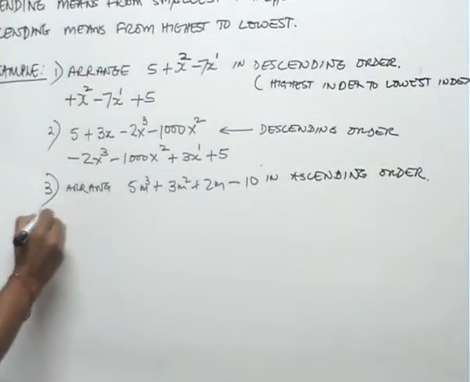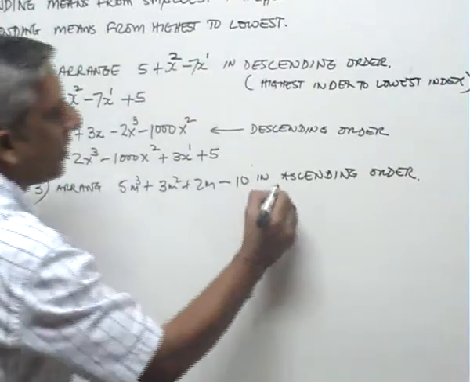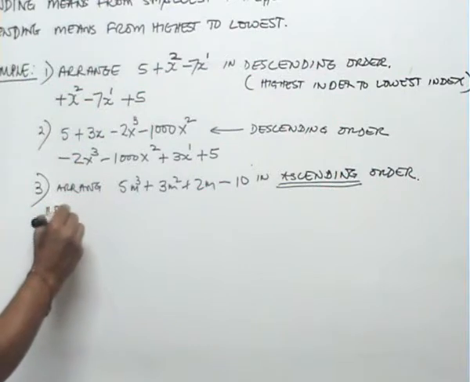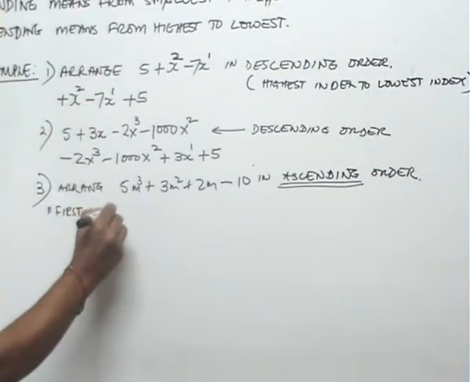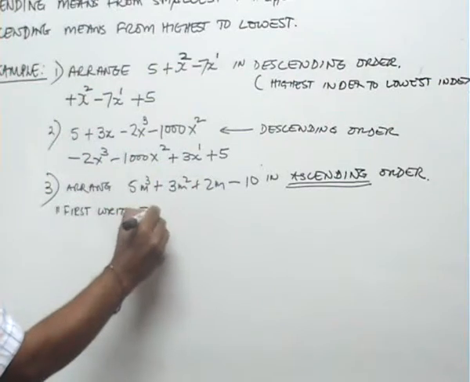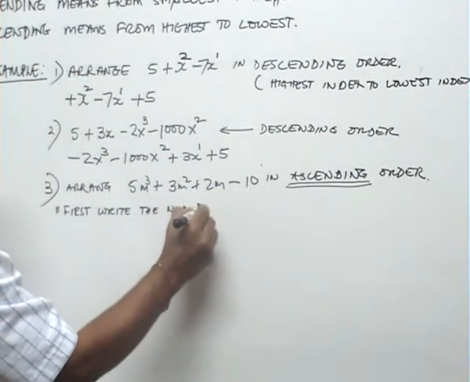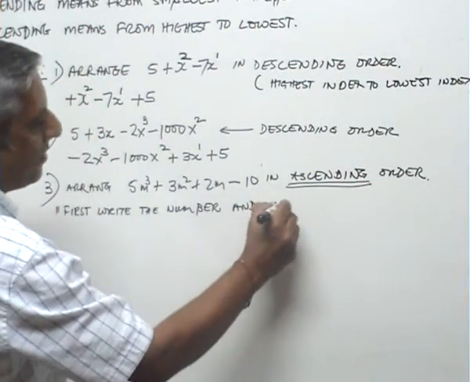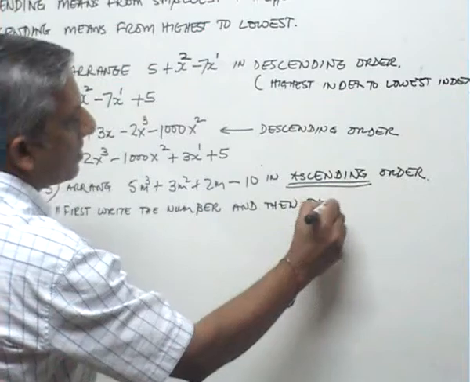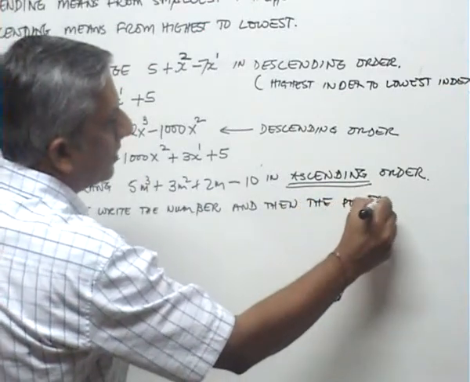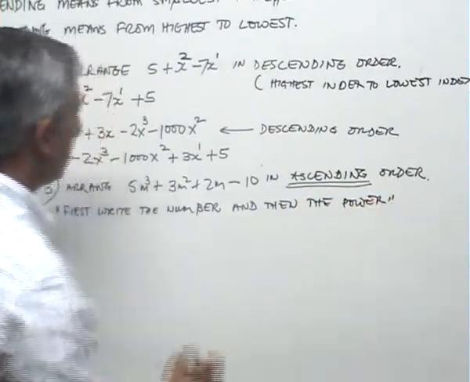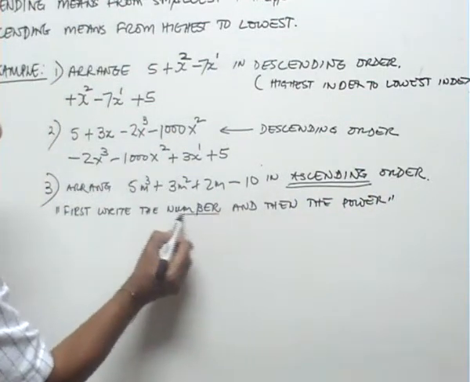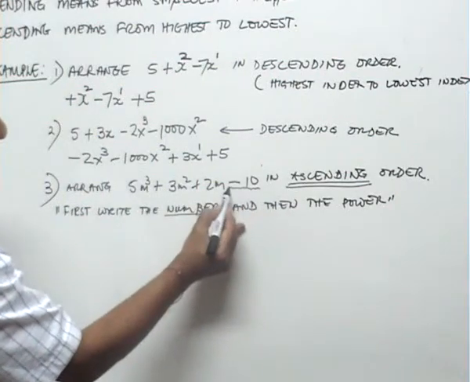Now you've got to understand, for ascending order, you must first write the number and then the powers. Now you see another name for this number here. The number here is minus 10.